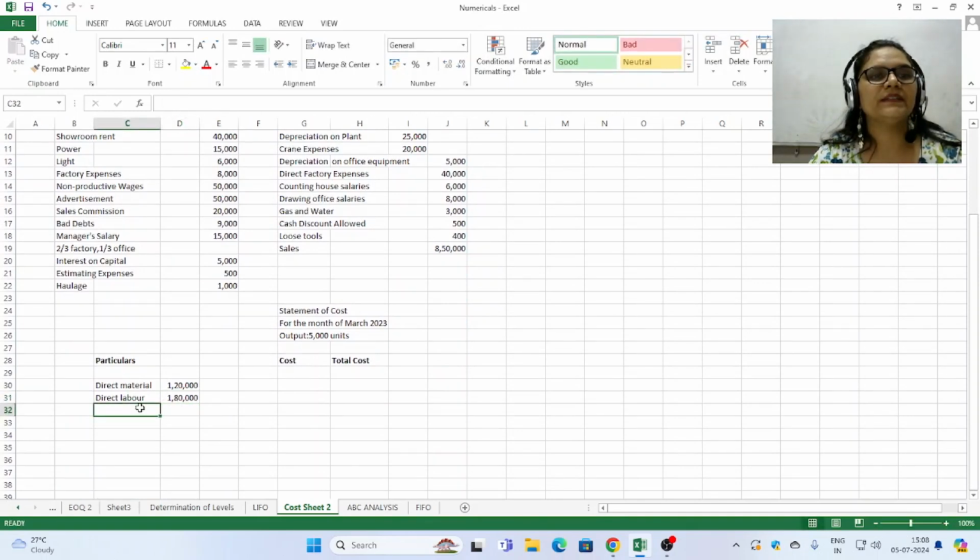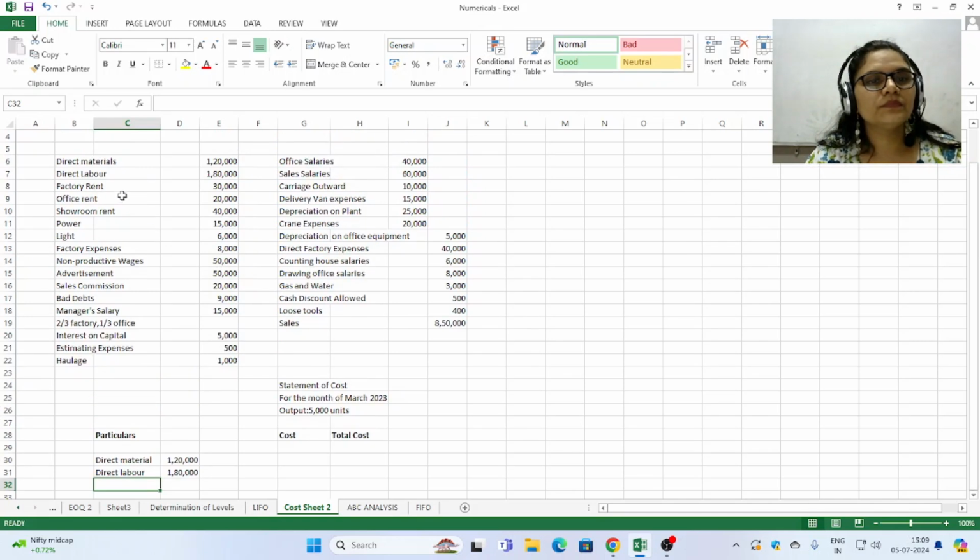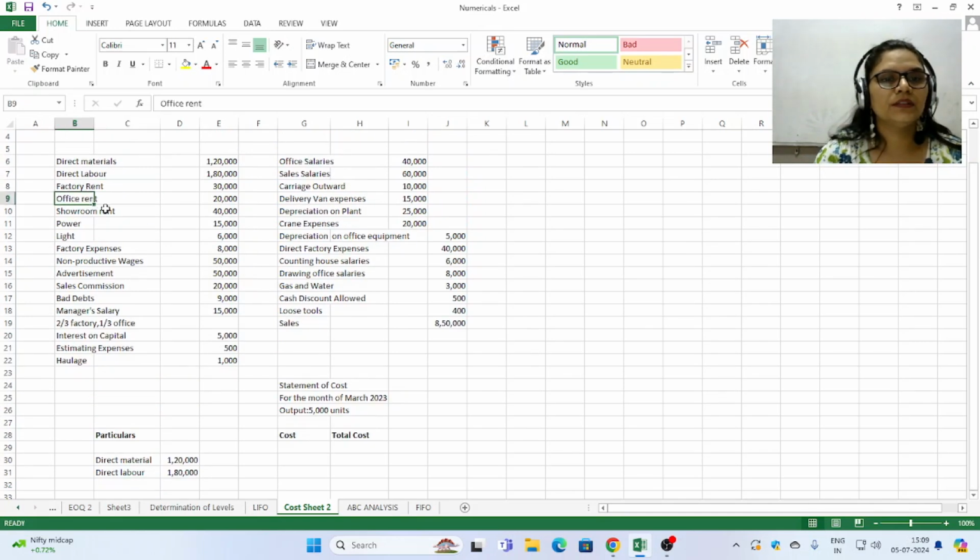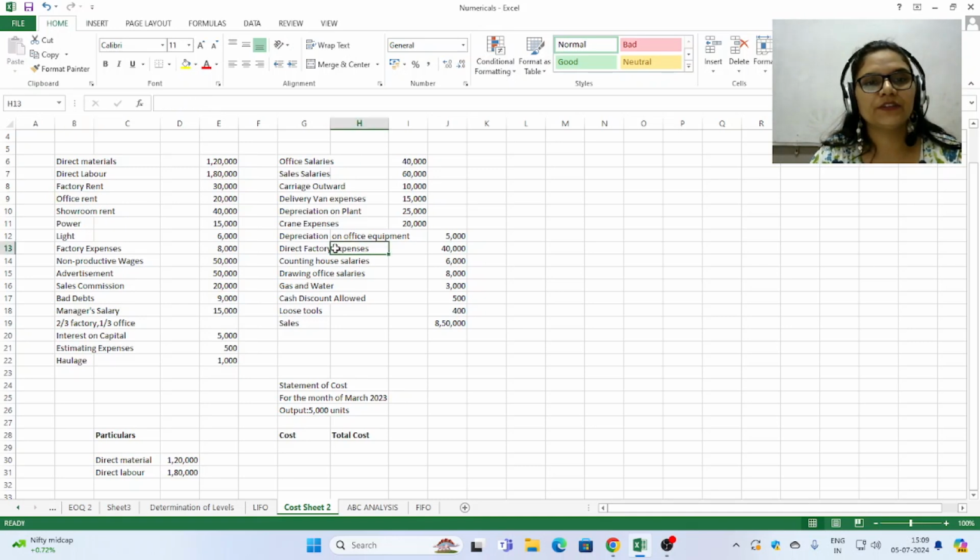Direct factory expenses. Just see in the question. This is factory rent. You have factory expenses 40,000. Then you have direct factory expenses, which is 40,000.